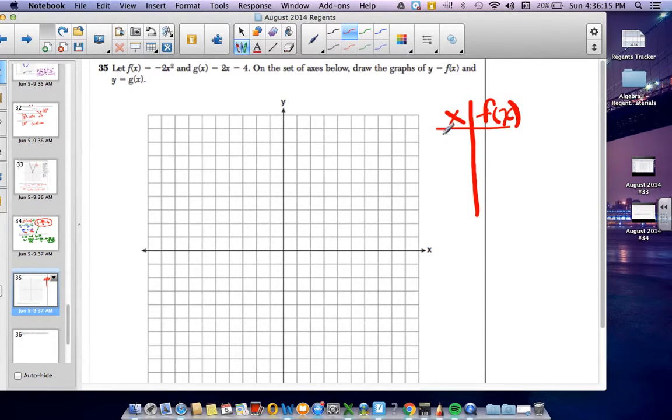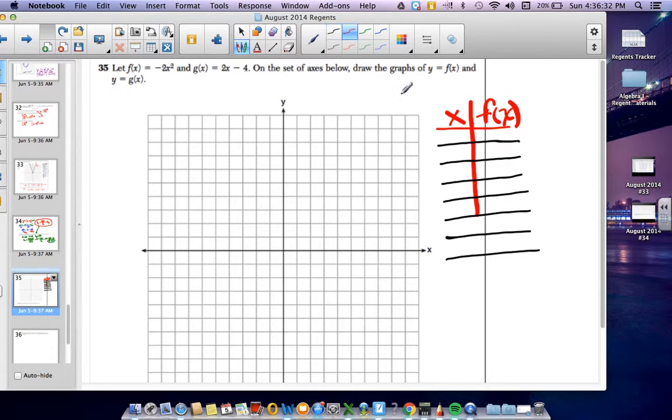When we make a table of values for this, we want the vertex to be in the center. And I like to do around 7 values for a quadratic. I'm going to have to extend this line a little bit. 1, 2, 3, 4, 5, 6, 7. And we want the very middle of this table to be where the vertex is.